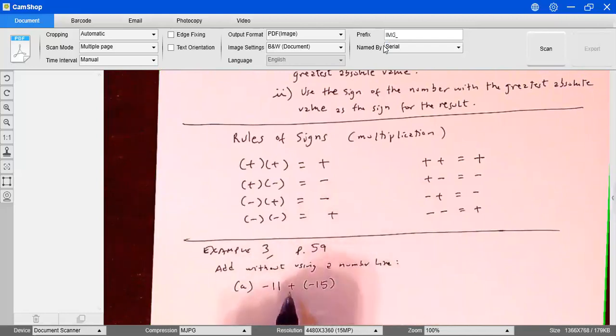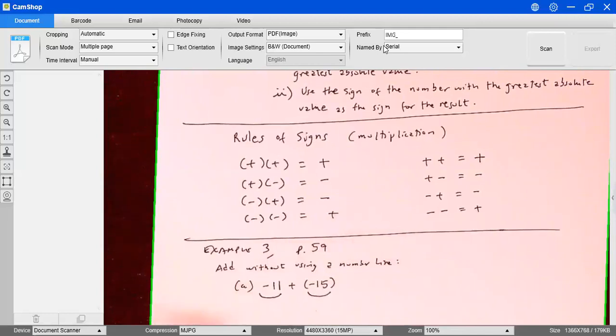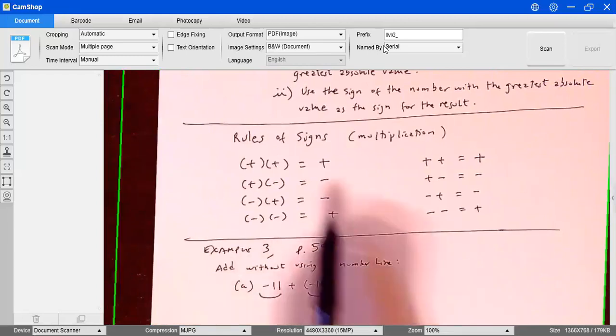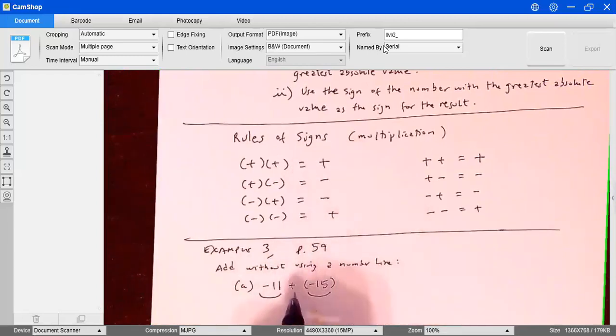This is an addition because we have this sign here indicating that we are adding a negative number and another negative number. So we are adding two negative numbers, but another way to see this is if we break these parentheses by using the rules of signs, because we have here a plus in front of these parentheses. So you can say that positive times negative is going to be negative.